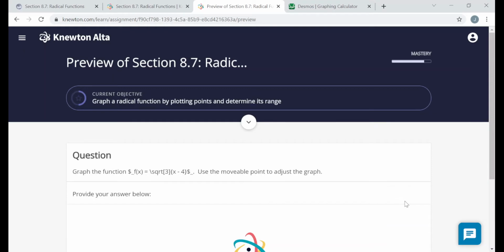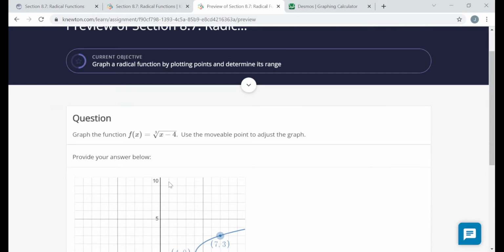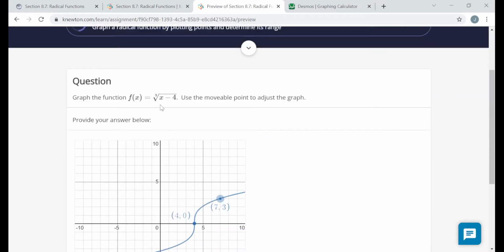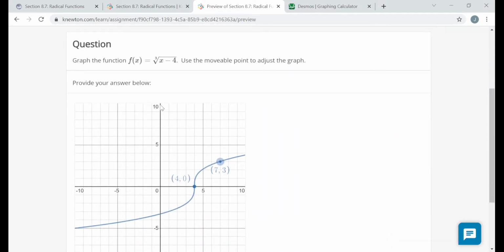Graphing. All right, graphing. Once again, it's another cube root, like the previous two questions we saw. So this time I'm not going to draw it out. All right, you've seen me do 2 of these by hand, these cube root functions. Now, once again, they gave us a point, right?